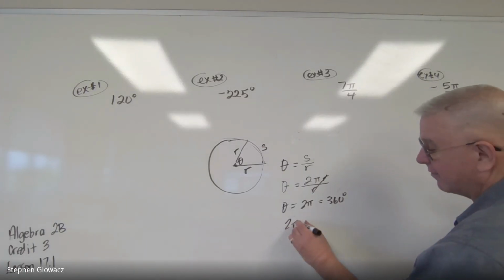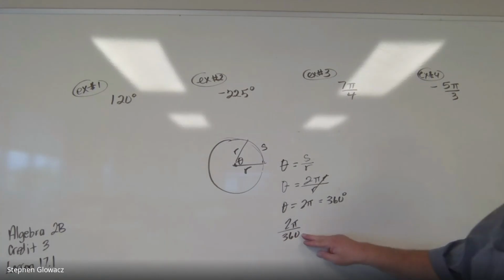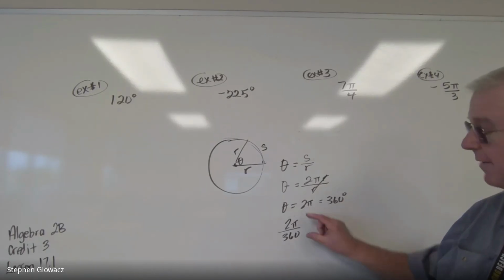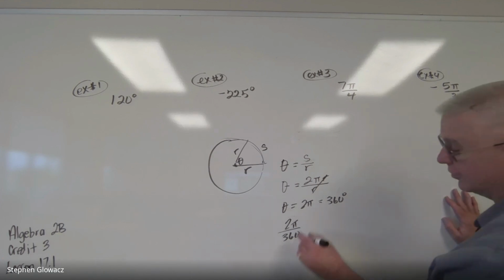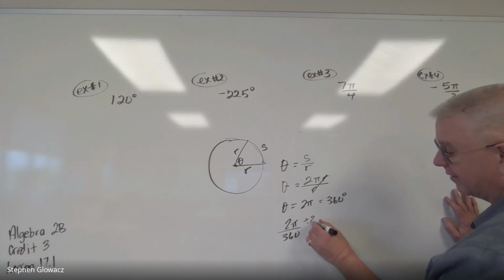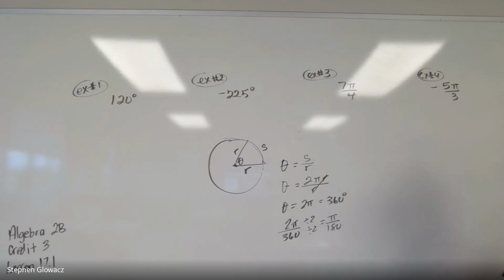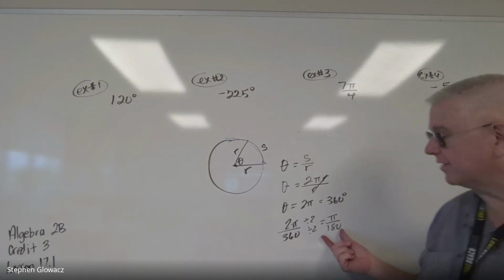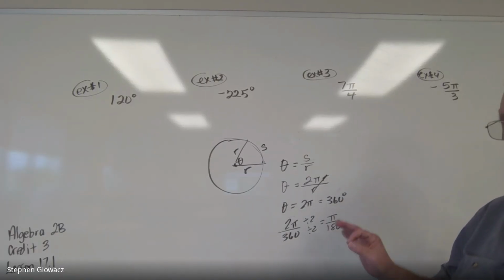And we have that ratio, we can write it as 2 pi over 360, because if these are the same, this is equal to 1. And so we can reduce this. These are both even numbers. We can divide by 2, and we get pi over 180. And that's important because that's the conversion that we're going to use when we're converting from degrees into radians.